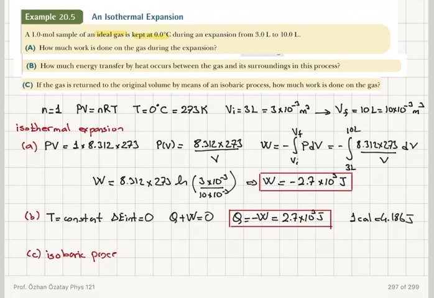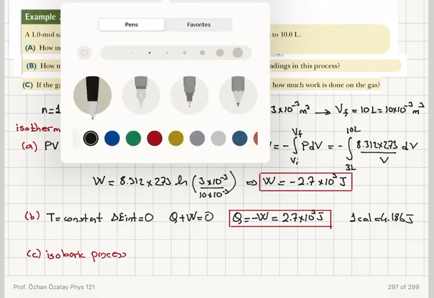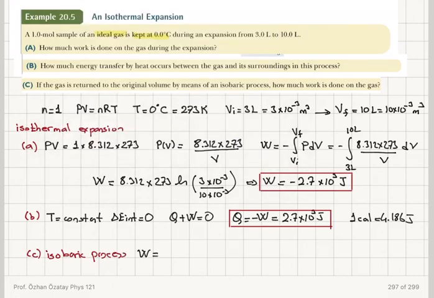For the isobaric process, the work done on the system is equal to minus pressure times delta V. So the pressure at which I'm doing the process is the final pressure, which is minus nRT divided by the volume at which I have started the process.